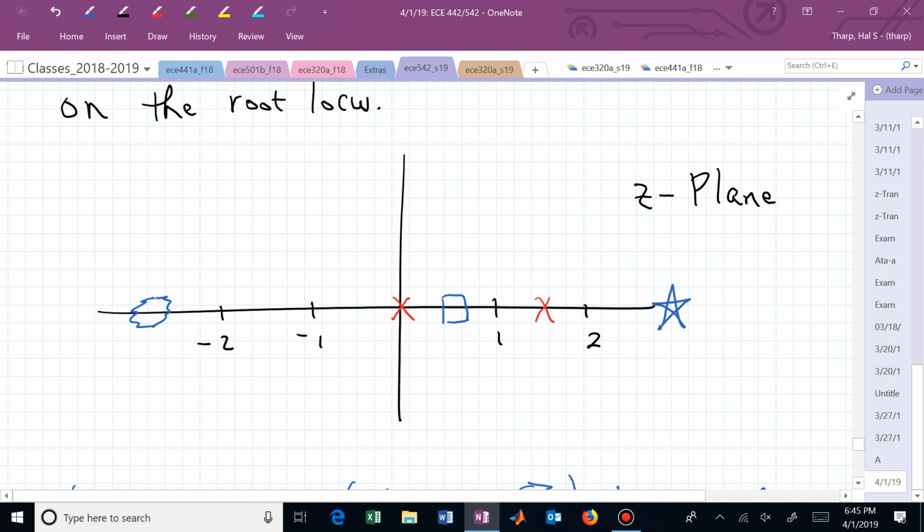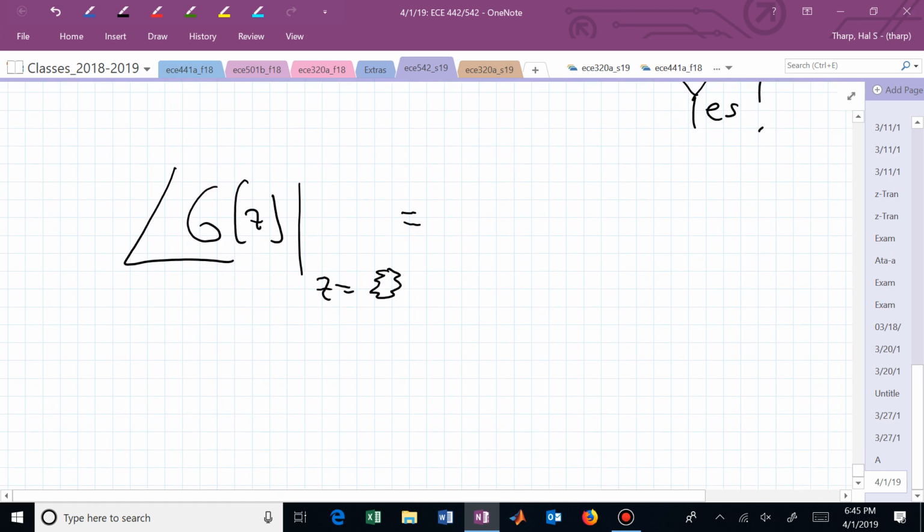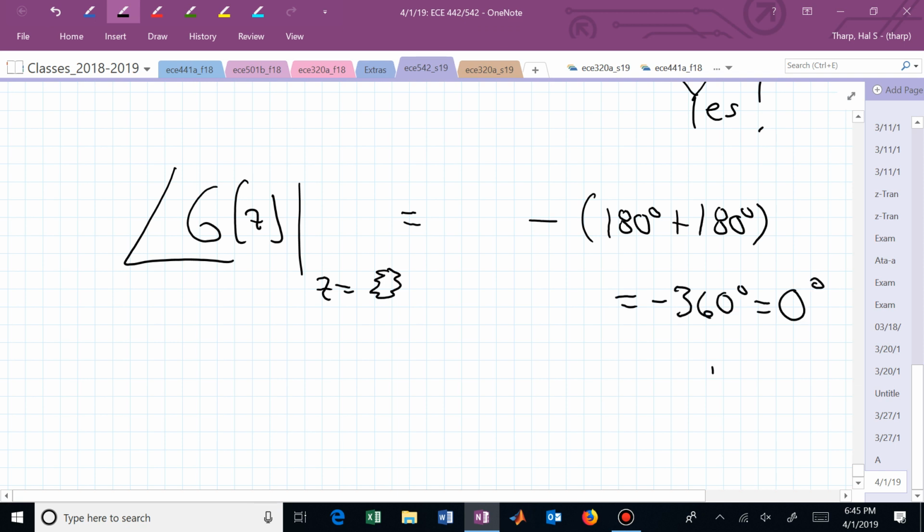I sum up the two 180s and I get 360, so I end up with nothing minus 180 plus 180 equaling minus 360, which is the same as 0. That point is not on the root locus.